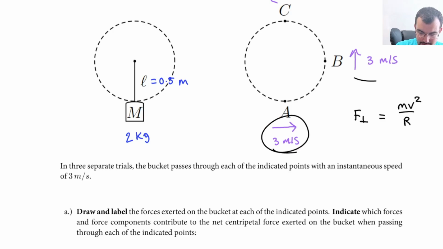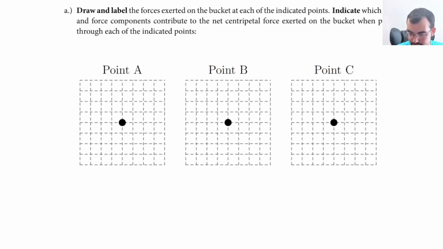Since we have the same speed and the same radius, this is the same at all 3 points. So our net force must be the same magnitude and always directed towards the center of the circle. So we'll start just with the weight of the bucket.